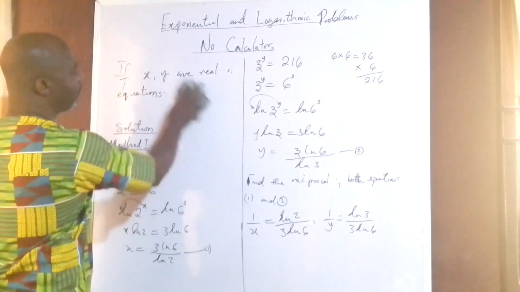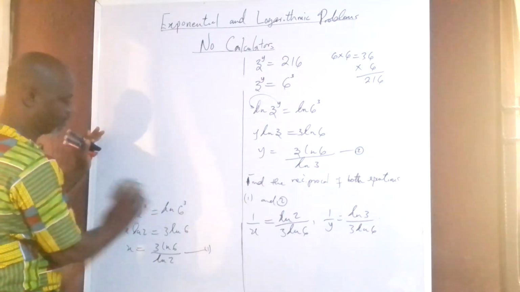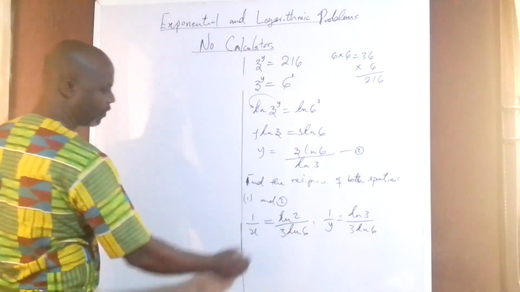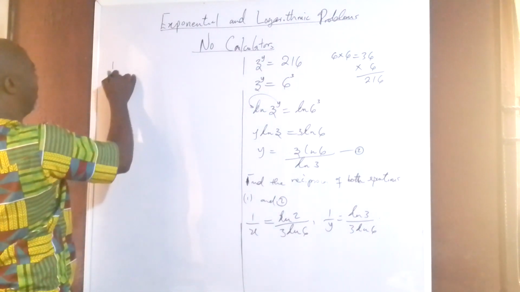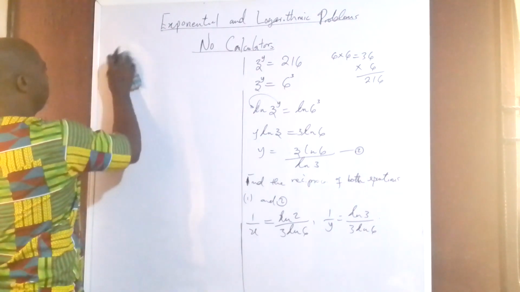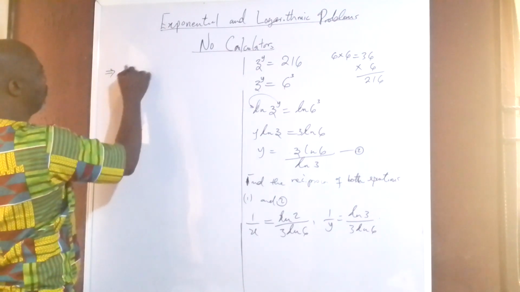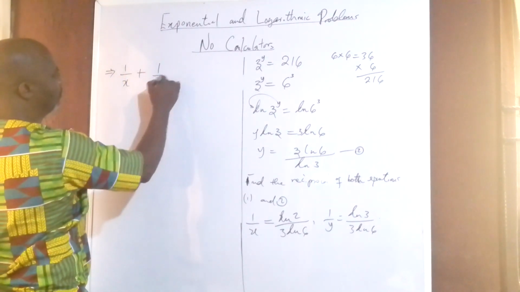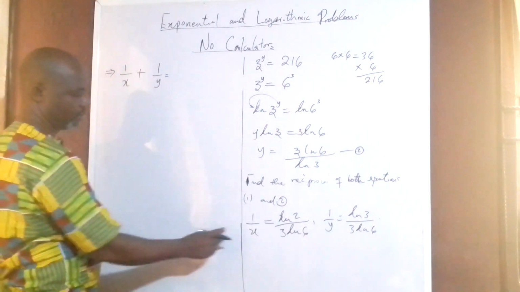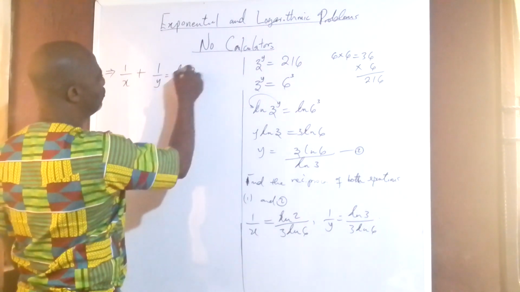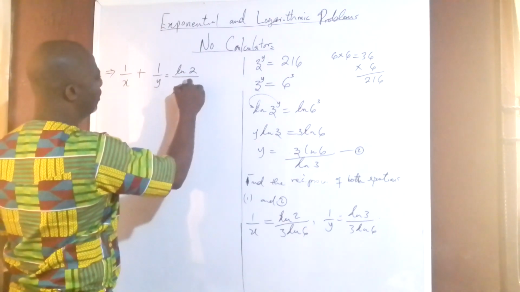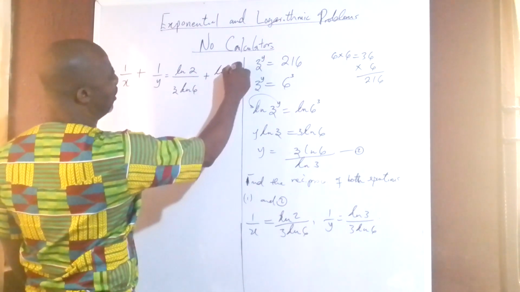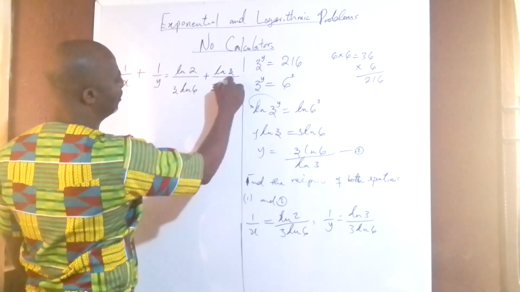So this will give us 1 over x plus 1 over y: 1 over x is ln 2 over 3 ln 6, plus 1 over y is ln 3 over 3 ln 6.